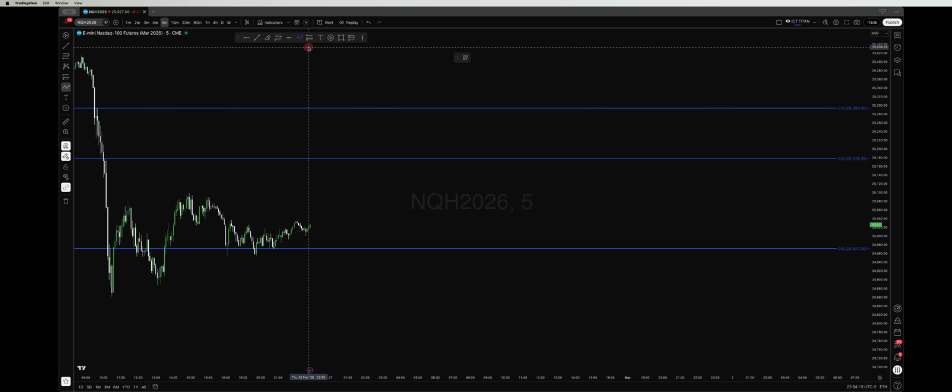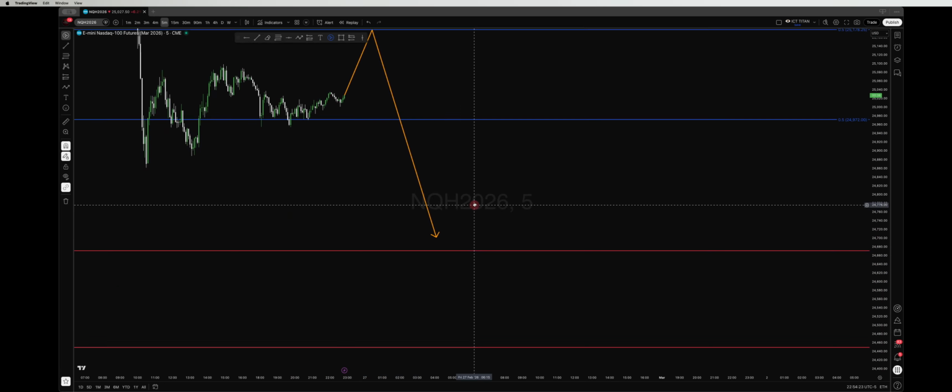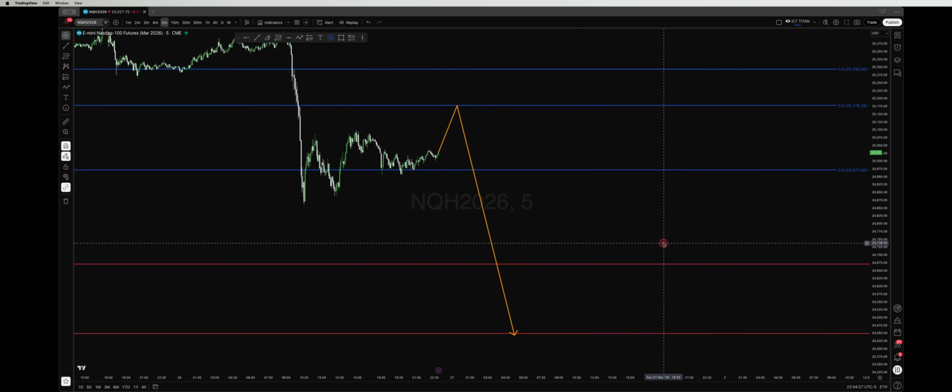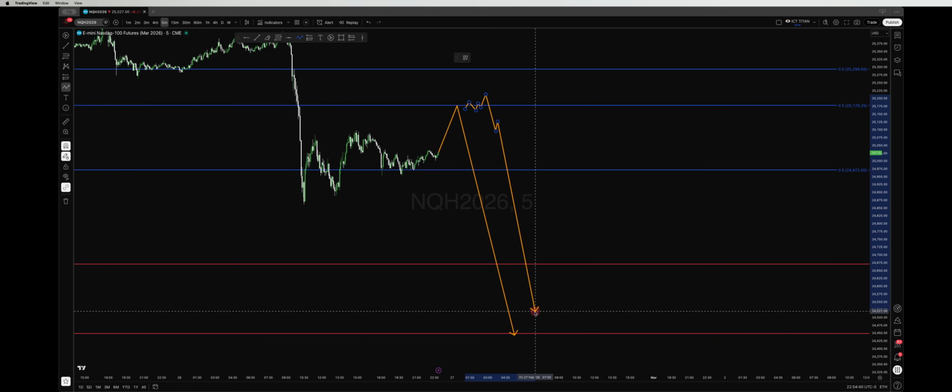If price manipulates to the upside, and we also know the higher time frame is telling us it's going to distribute to the downside, that means what? If price accumulates and then manipulates to the upside, and again it shows you lower time frame accumulation, again manipulation to the upside, distribution to the downside. This distribution will be the biggest distribution you will see, right? Why?